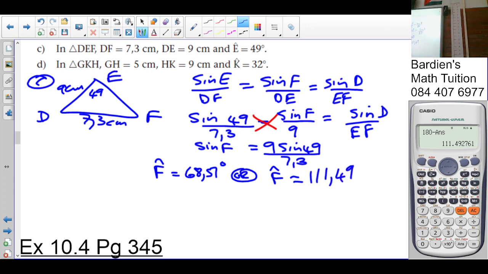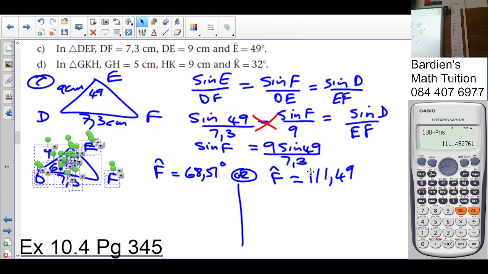So let's say it is 68.51. If it is that one, the new triangle looks like that. If E is 49, DF is 7.3 and DE is 9. I got F and D wrong in the triangle.